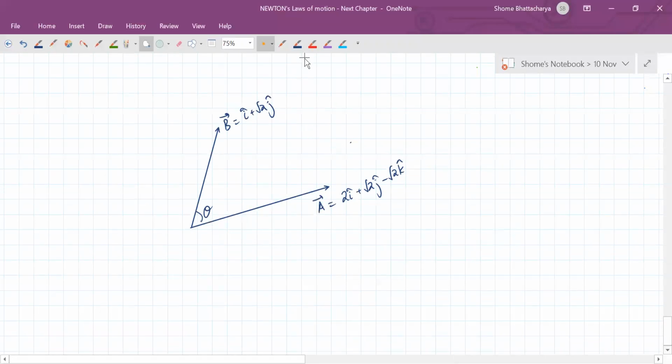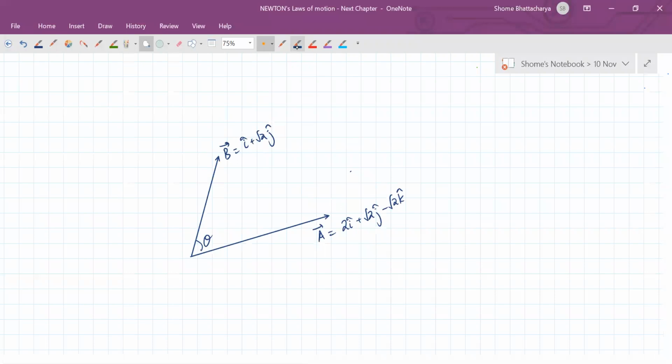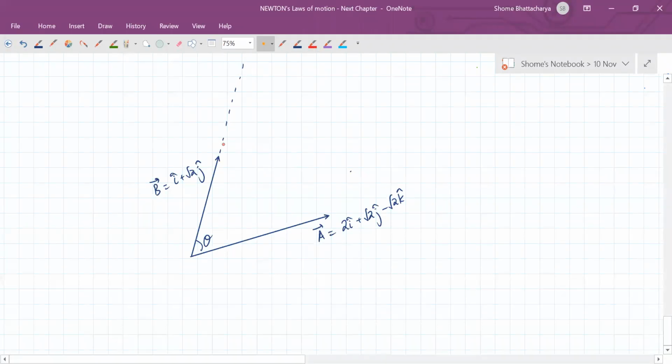Okay. So this is the axis of the vector B. So ये वाले axis के along मुझे A का projection निकालना है. So what I have to do is I have to drop a perpendicular on this axis from A. From A's head to drop a perpendicular.